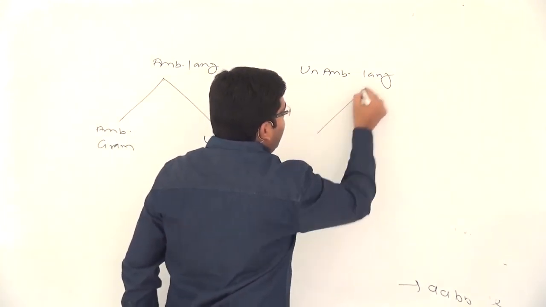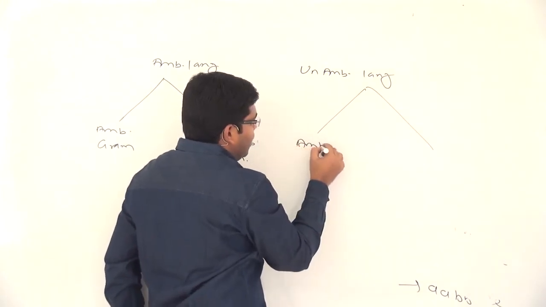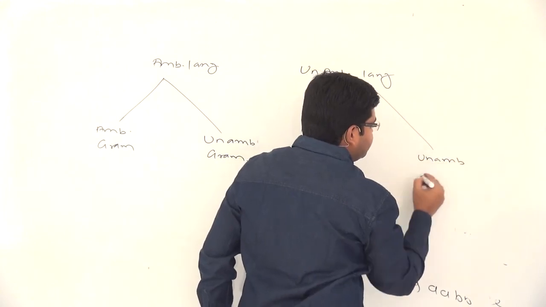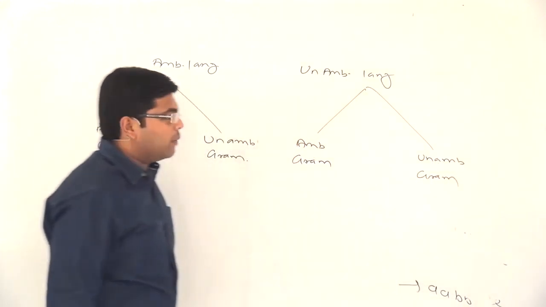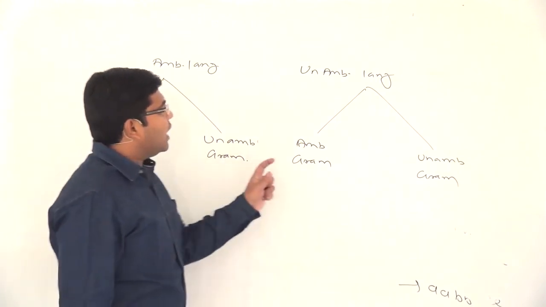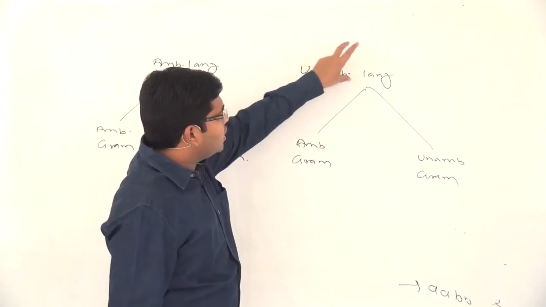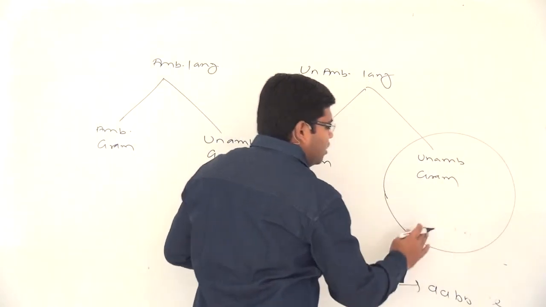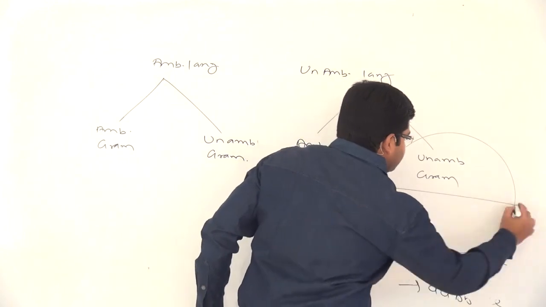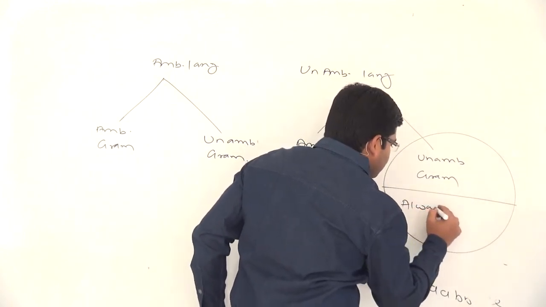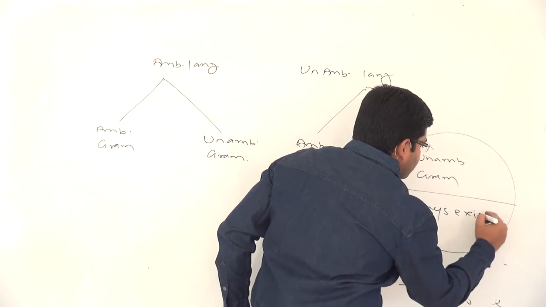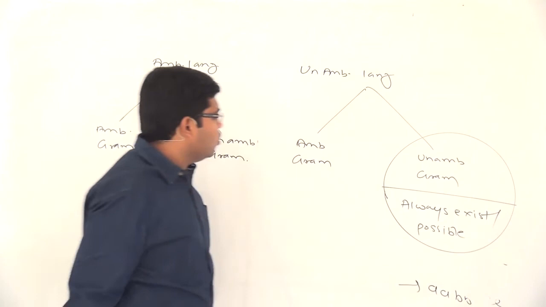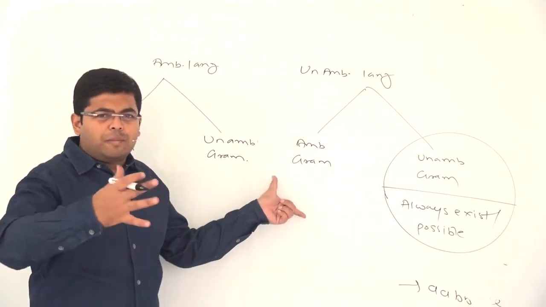Similarly, an unambiguous language can be represented by an ambiguous grammar, or by an unambiguous grammar. As far as unambiguous languages are concerned, an unambiguous grammar will always exist, or always possible. An ambiguous grammar may or may not be possible.